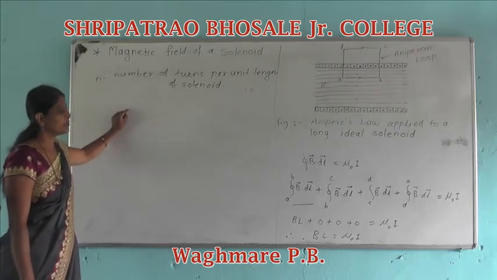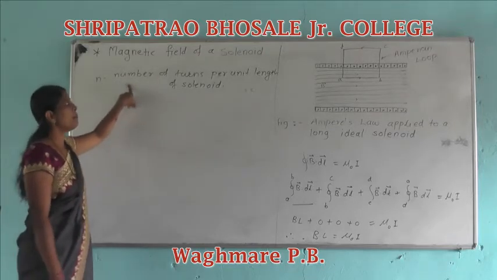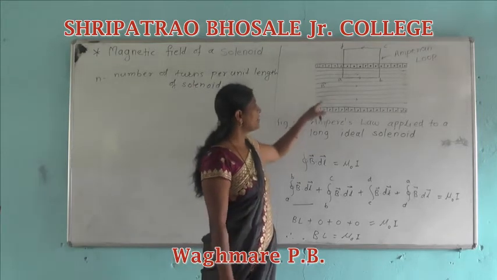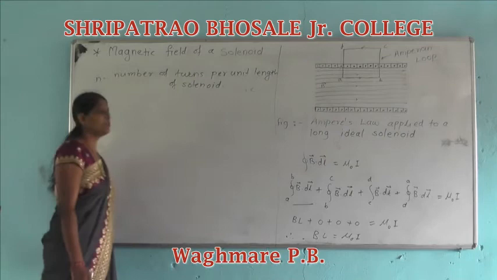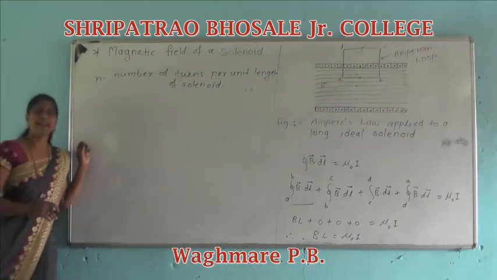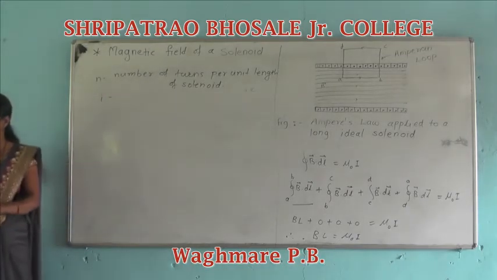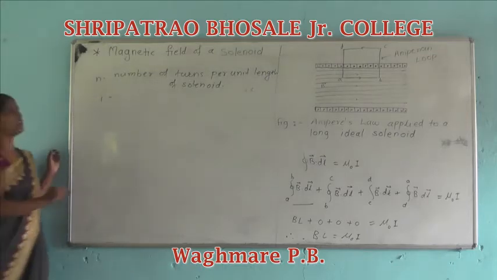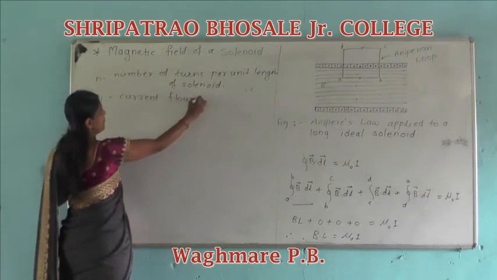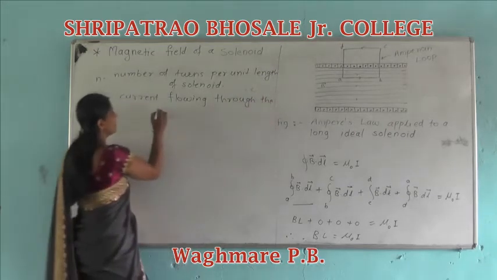To find the total magnetic field inside the solenoid, consider n is the number of turns per unit length, and I flowing through the wire.